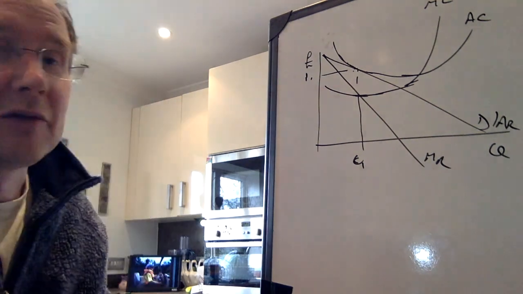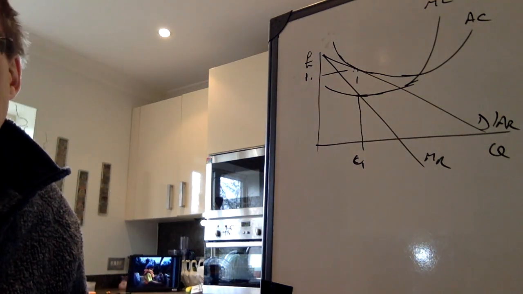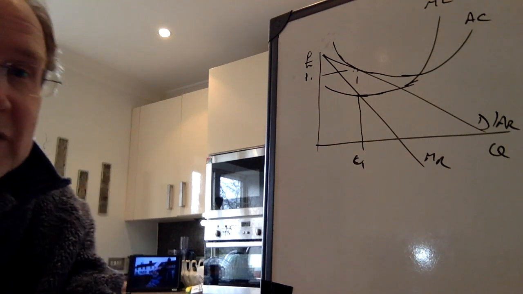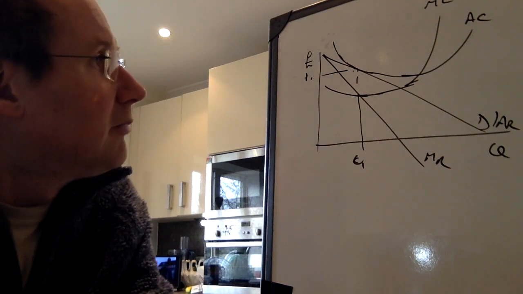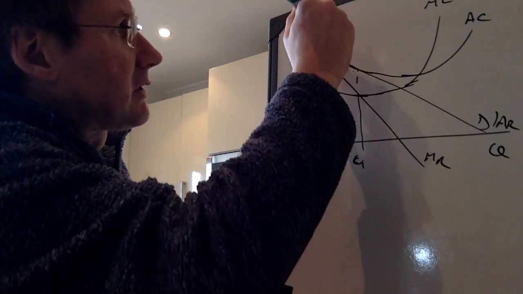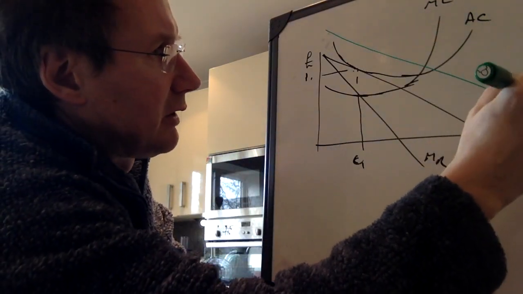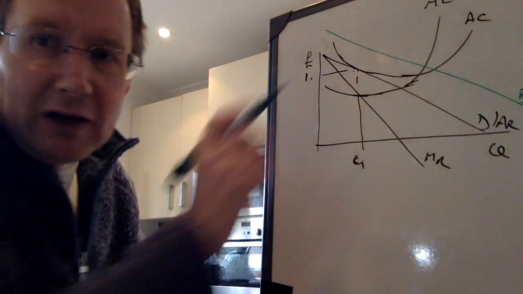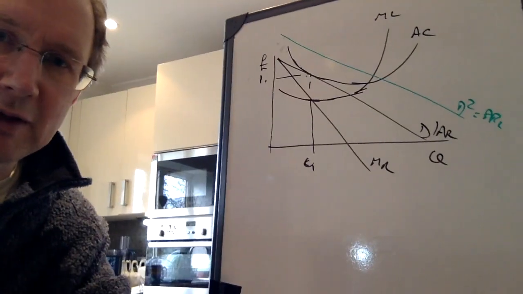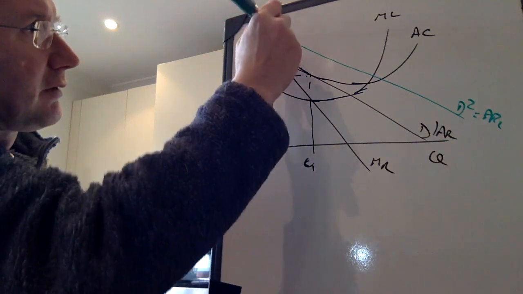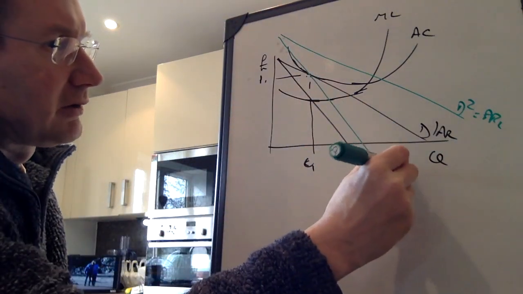The easier one is, let's suppose initially that demand rises, to D2 equals AR2, and therefore MR goes with it. So then we have MR2 there.